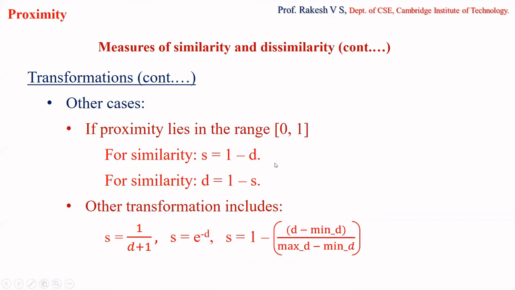If I have similarity and I have to find dissimilarity, in that case I can apply D equals 1 minus S. These two formulas are used when your similarity or dissimilarity lies in this range. Clear? This is dissimilarity. Other transformations include these; any of these you can use. Clear?